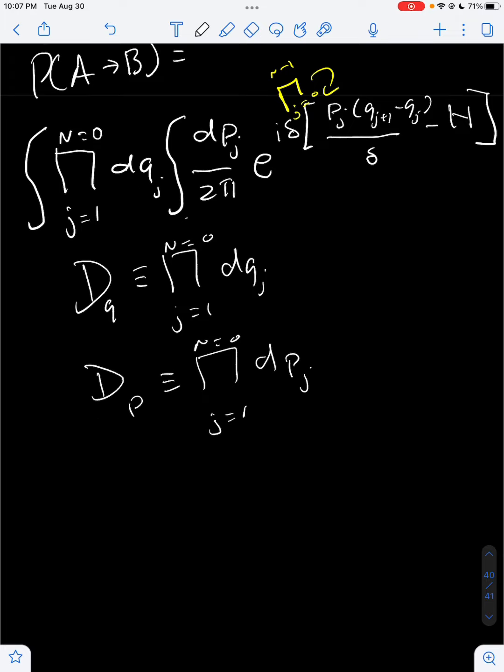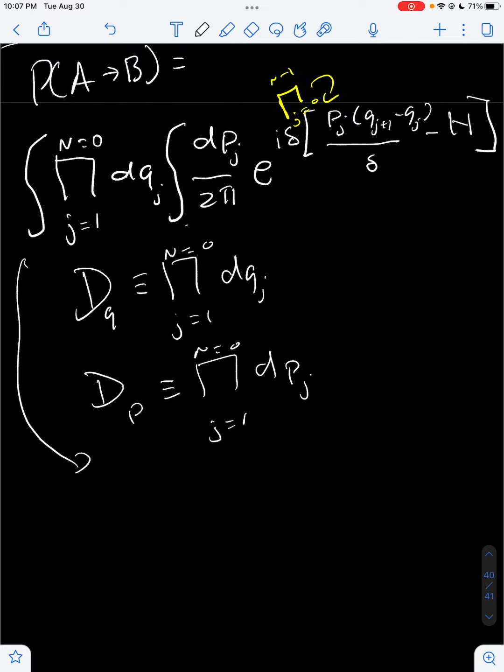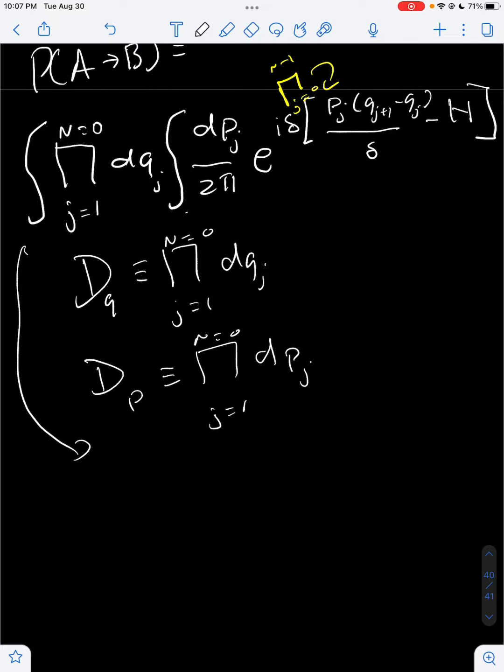So this being written in terms of the path integral measure will just be the integral of this, and then here we have the p. I'm going to ignore the 2 pi for now. And then we'd have e to the i, and then the delta things that you see here. What you'll see being used a lot is the action.